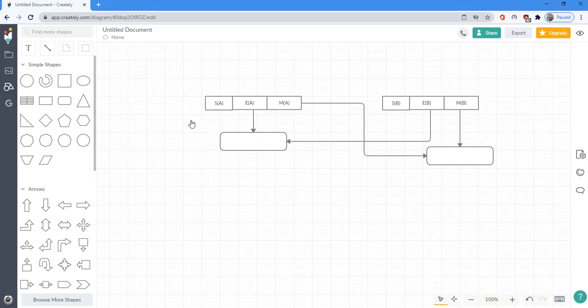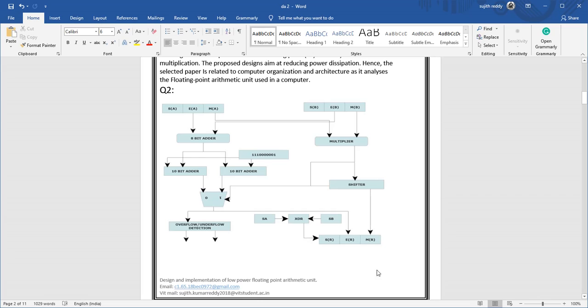And now you can insert the 8-bit adder. Okay, now you can continue using the given tools in Creately to construct the complete diagram.